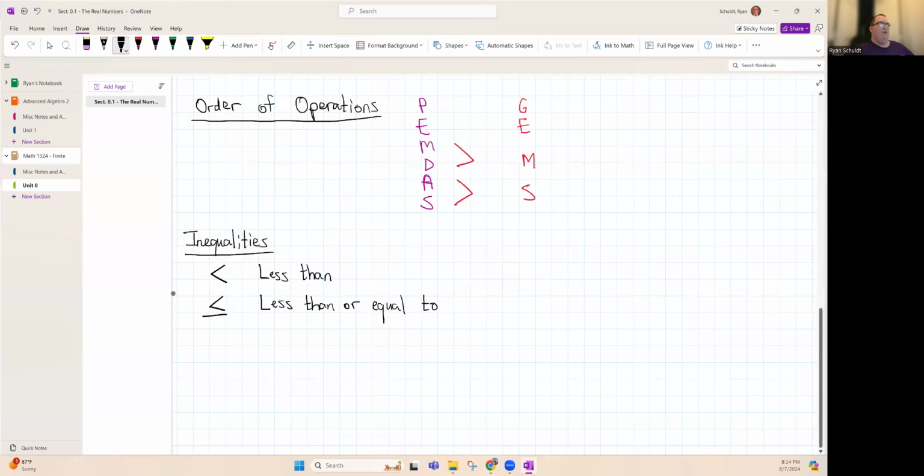Well, let's flip it around. If it's facing the other direction, that means greater than. So the number on the left is bigger. Greater than or equal to, if it has the line underneath.